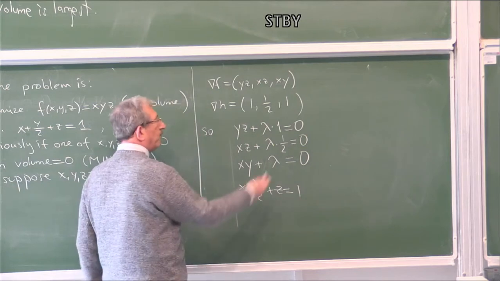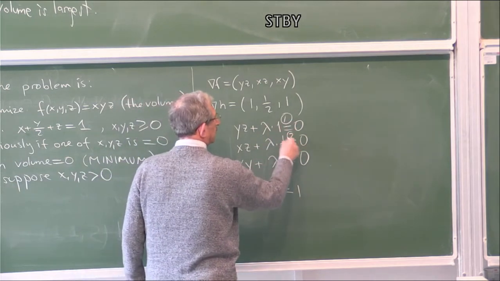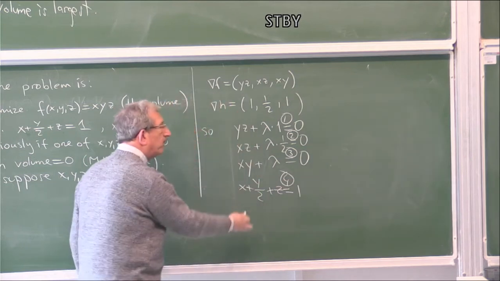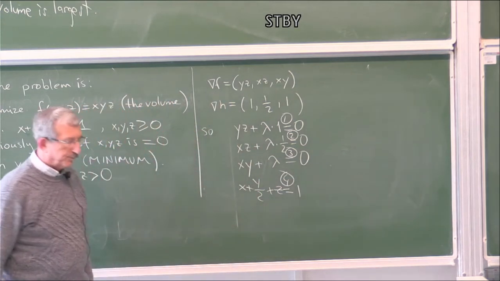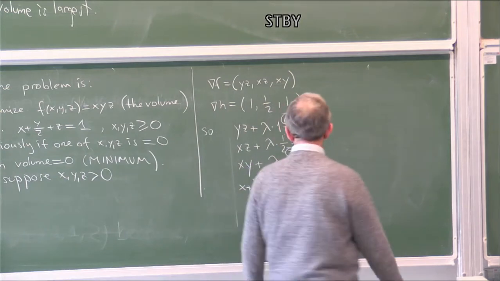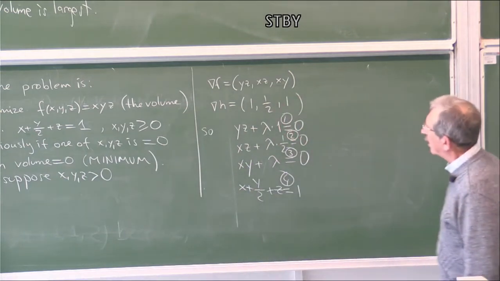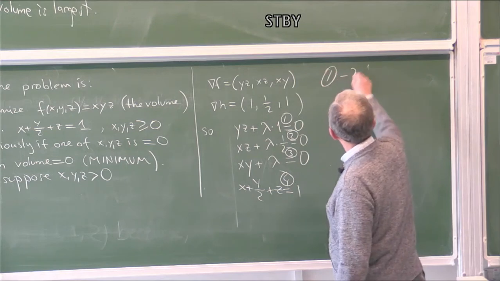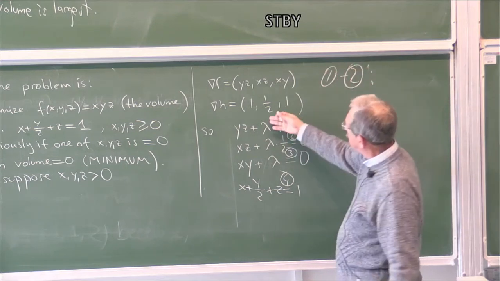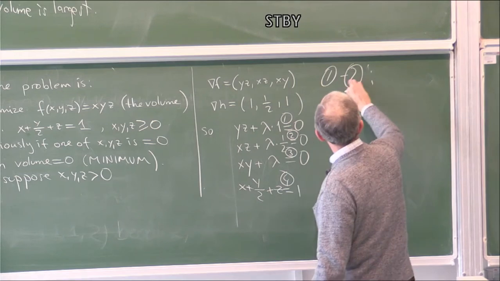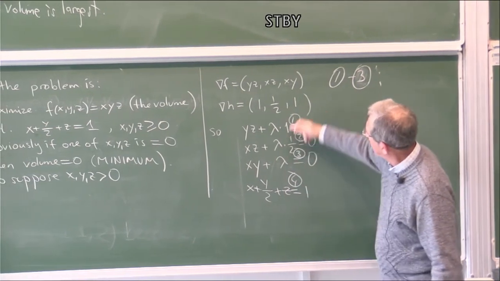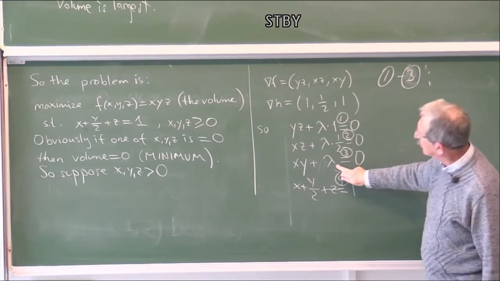So we have 4 equations, and of course, 4 unknowns. Now, pretty easily, we can check 1 minus 3 first, which gives, of course, lambdas cancel out.